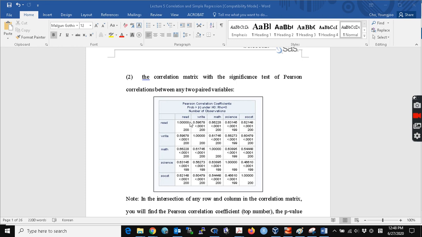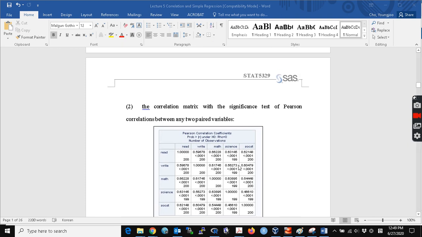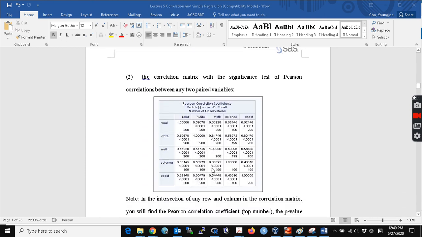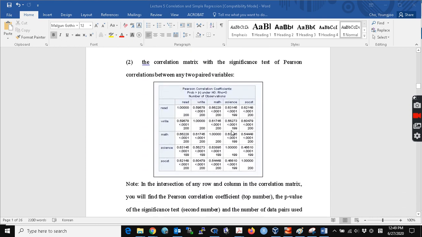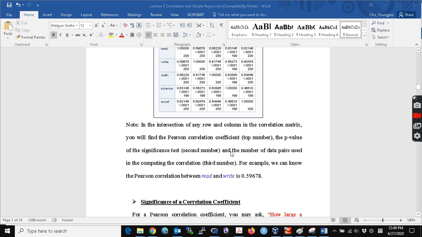So you can only look at the upper diagonal or the lower diagonal part. And we have the p-values on the second row in each cell. For example, for read and write, the p-value is less than 0.05, which means that their correlation is significantly different from 0. And this 200 is the sample size. Here we have a missing value in science, so we have 199 observations for computing the correlation between write and science.